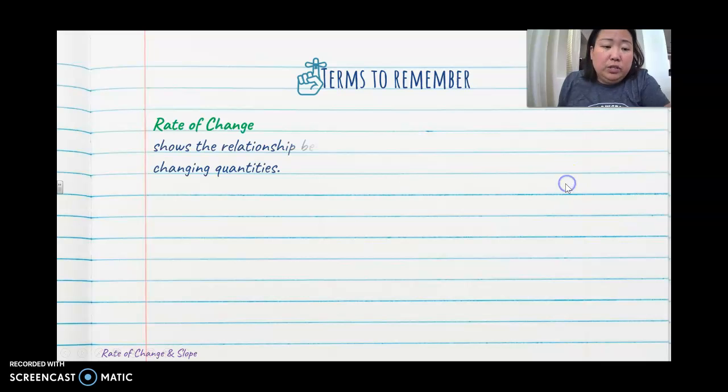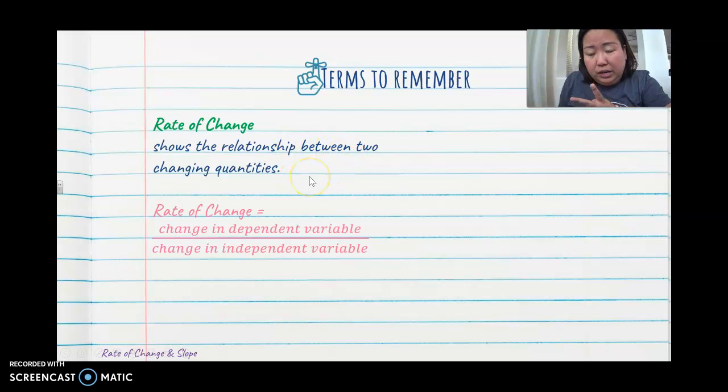Okay, so when we talk about rate of change, it actually shows the relationship between two changing quantities. So it involves two quantities. One is a dependent variable and an independent variable, as we have discussed from previous lessons. So when we are solving for the rate of change, that will be the change in the dependent variable divided by the change in the independent variable.